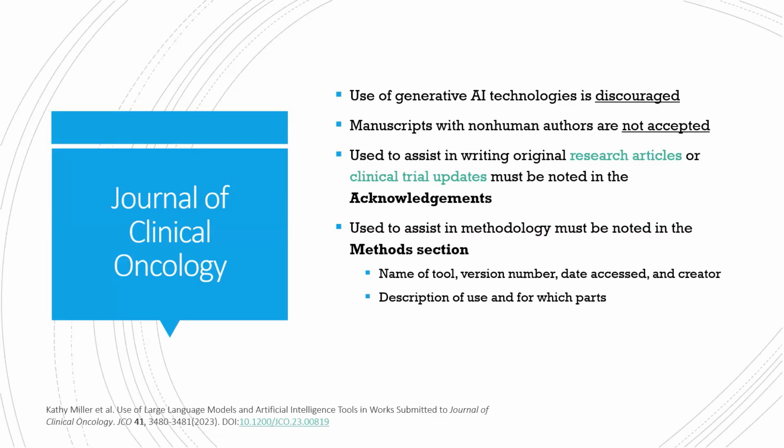But the Journal of Clinical Oncology specifically has released some rules for authors in an article that's linked here for you. And they have developed some specific rules. A lot of it, again, is built on those recommendations from the ICMJE, but they have some things I think that are unique also.